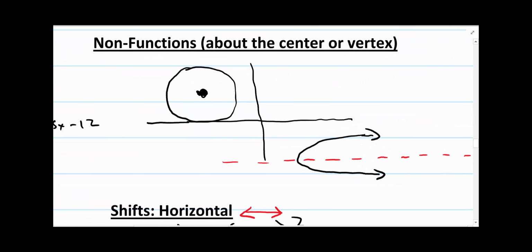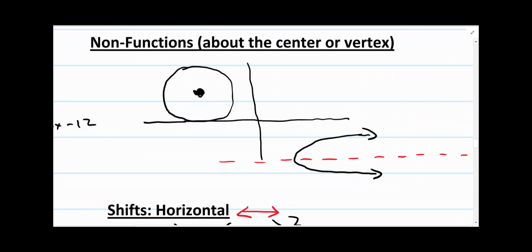And then we have non-functions that have symmetry. So a circle has symmetry, right? If you put a vertical line or horizontal line through the center, you're going to have some symmetry within a circle.